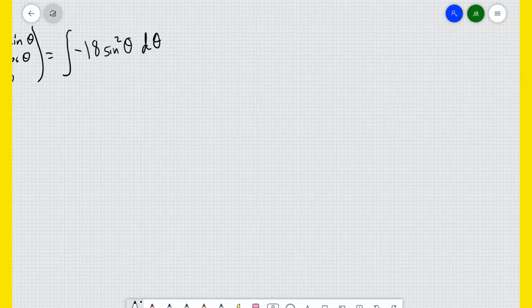What can work is this trig identity, where sine squared theta is equal to 1/2 minus 1/2 cosine of 2 theta. So I'm going to substitute that in.